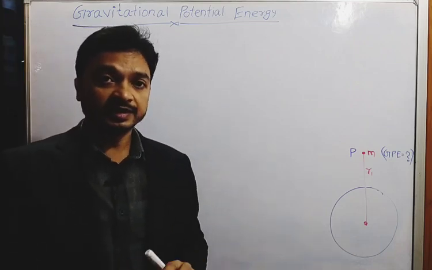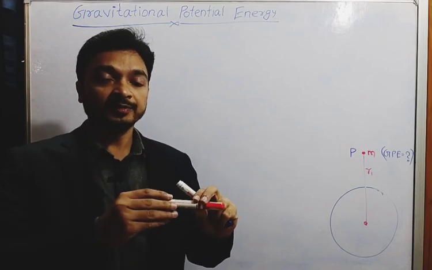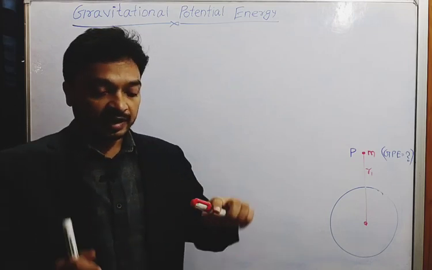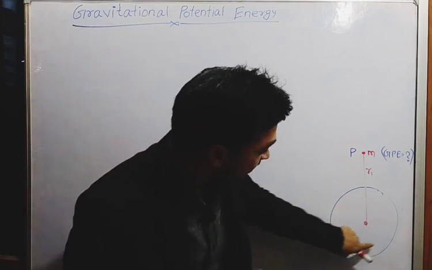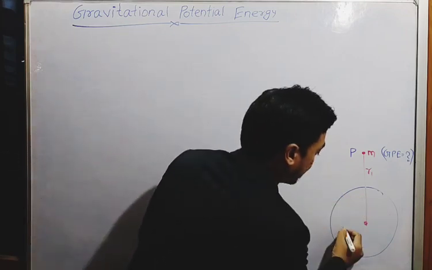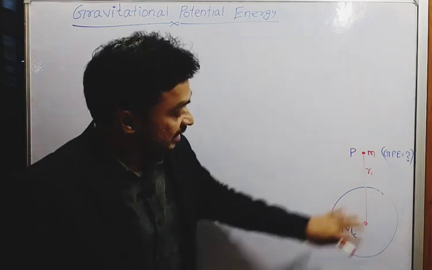Gravitational potential energy is due to the gravitational field of another object. Okay. So let's see. This object, let's say this is Earth and having mass Me. Okay.